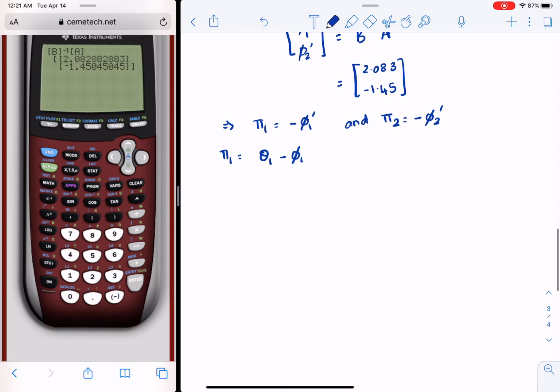So, theta 1 minus phi 1 would equal minus 2.083. And we know pi 2 is equal to theta 1 raised to 2 minus 1 times pi 1.